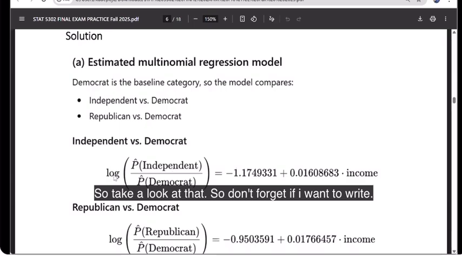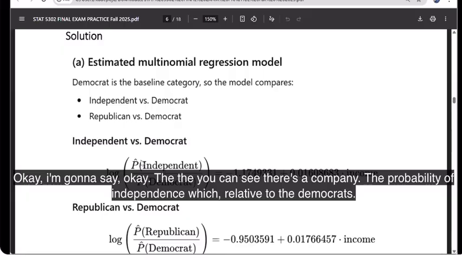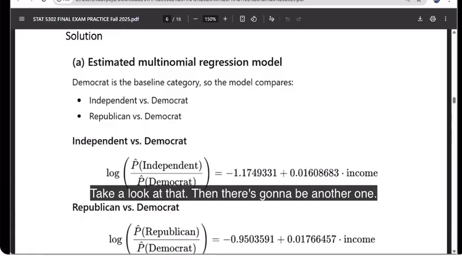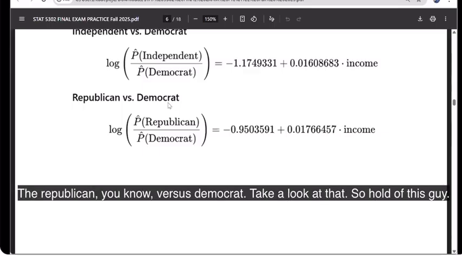So don't forget, if I want to write the model, I need to write the log of that. Okay, so I'm going to consider two models. You can see there's a cap on the P, the probability of independent relative to the Democrats. Take a look at that. Then there's going to be another one, the Republican versus Democrat.